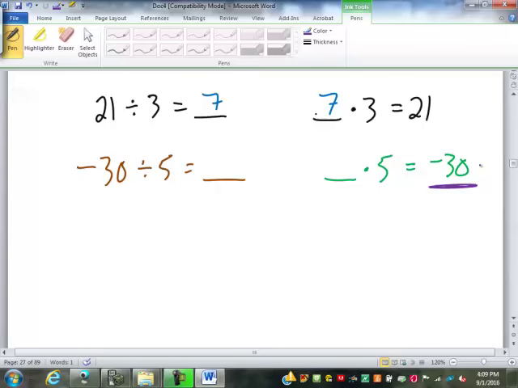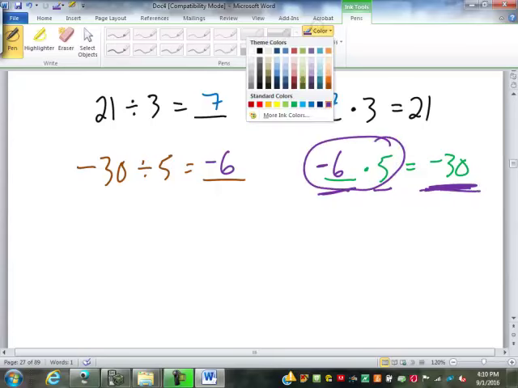Either we had to have a positive and a negative, or a negative and a positive. We had to have one of each, right? So since we have a negative result, we know that we have to have one positive and one negative. 5 is positive, which means this number has to be negative. So it's negative 6, of course. So negative 30 divided by 5 is a negative 6, because it would take a negative 6 times 5 to give us a negative 30.